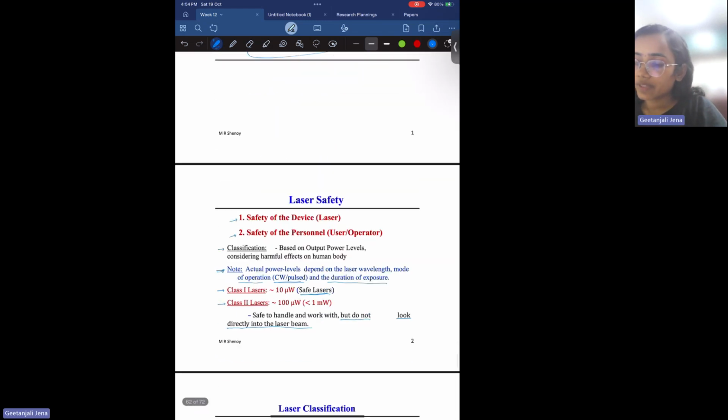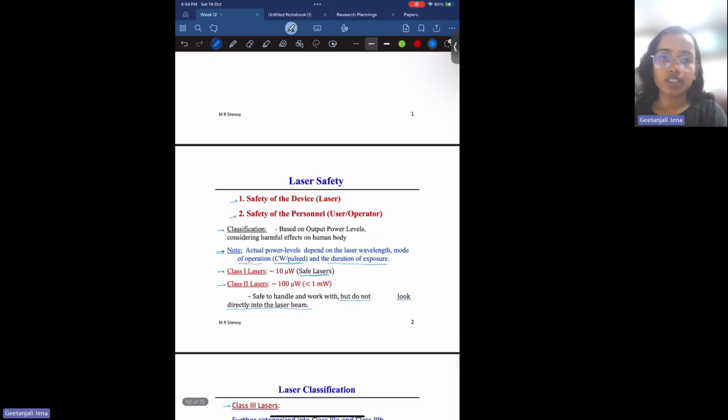So laser safety depends on the safety of the device, that is the laser you are using, and the person who is using the laser. Based on the output power level, you can classify the laser into different categories. It may be a class 1 laser, class 2 laser, class 3 or class 4.